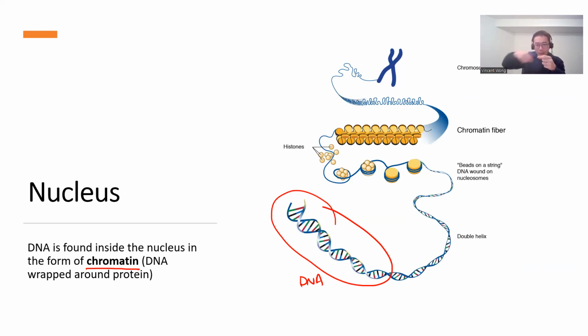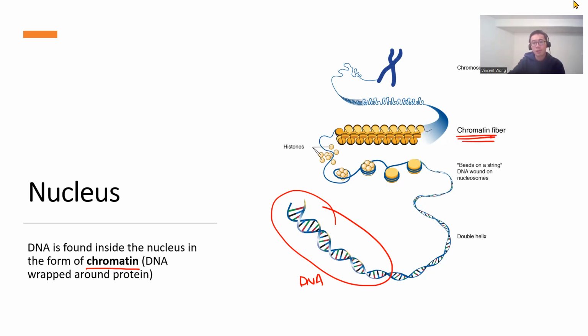You wrap them around a spool. That's what we are doing here. If you just shove all the DNA into the nucleus, it's going to get tangled up and broken. We don't want them to be unorganized. So we wrap them around packaging proteins, which are these yellow things, and eventually they become what's called chromatin.